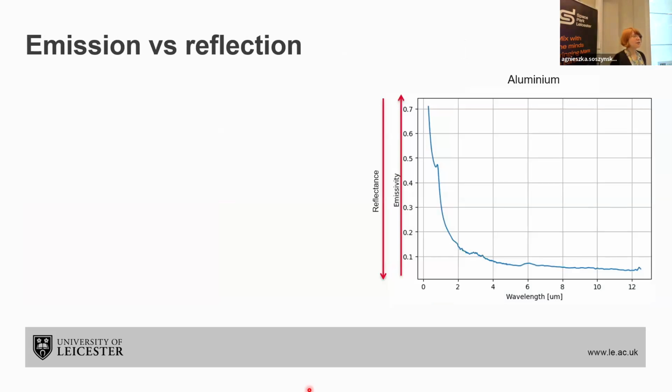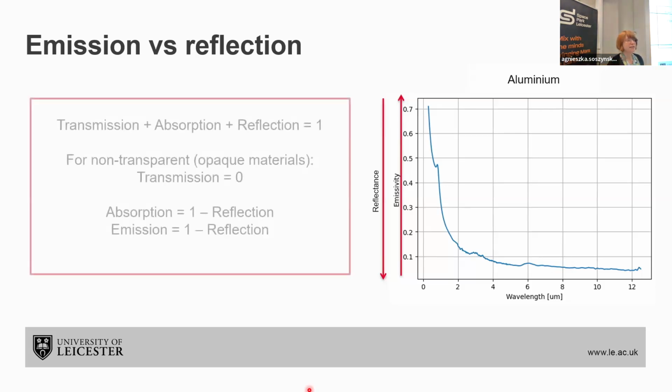I hope you know what Kirchhoff's radiation law is. What that law will tell you is that there are three components of interaction between light and a surface. First being absorption or emission, the second one reflection, and the third transmission.